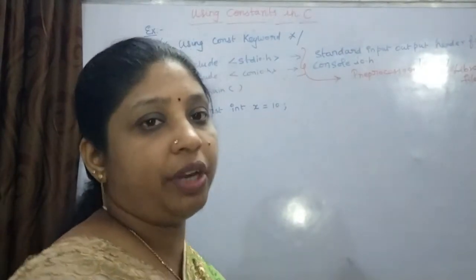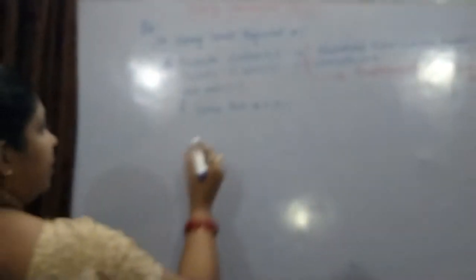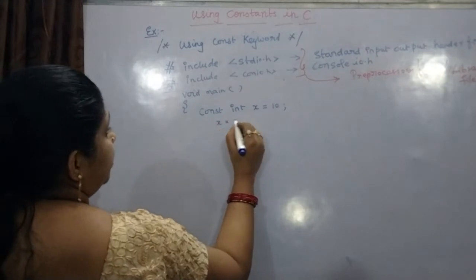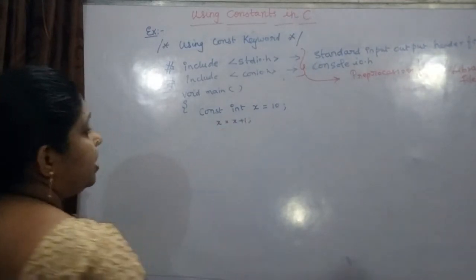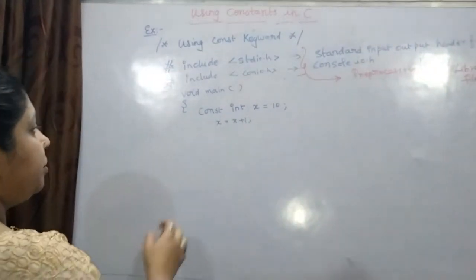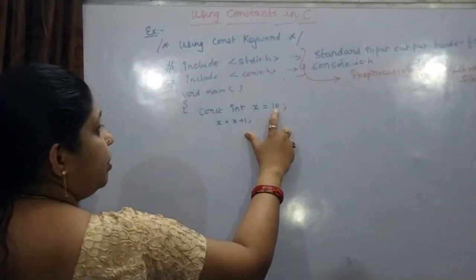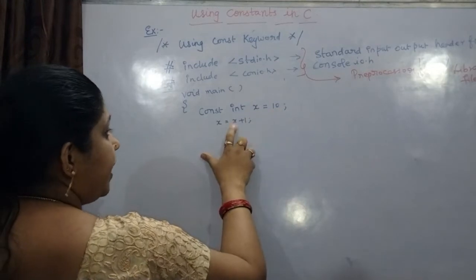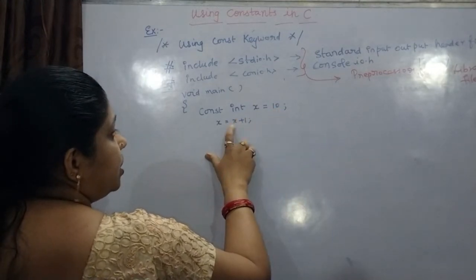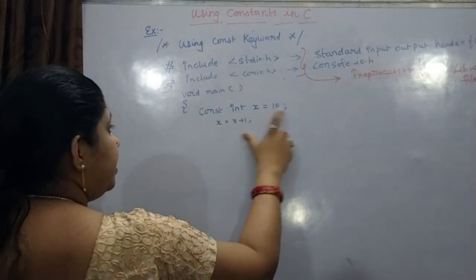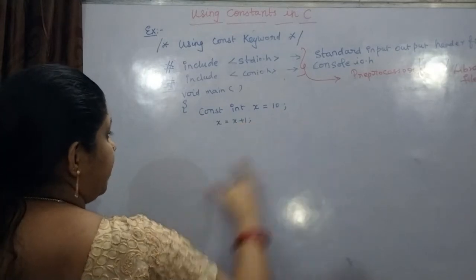But observe what I am going to write. Now x equal to x plus 1. This statement will add 1 to 10. Actually x is 10, so 10 plus 1 becomes 11.